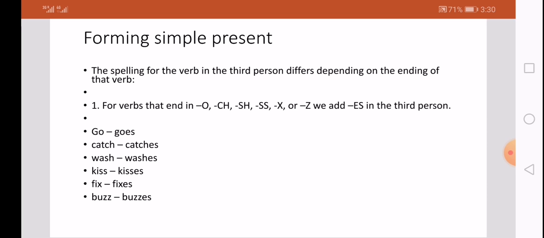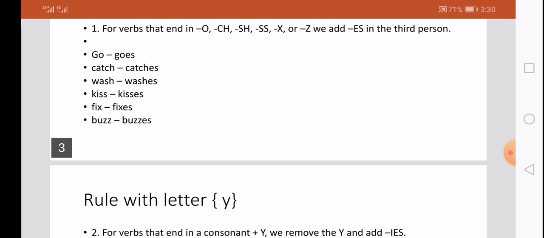So the verb go, we are going to add ES to this verb. Go, goes. Catch, catches. Wash, washes. Kiss, kisses. Fix, fixes, and buzz, buzzes. So if you look at the end of each verb, you are going to find one of these letters. For that, we add ES.